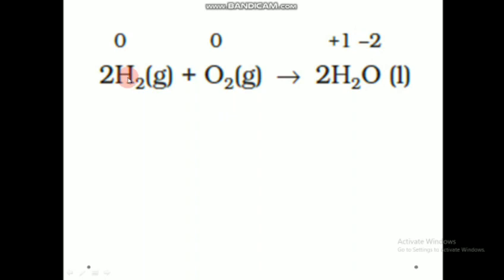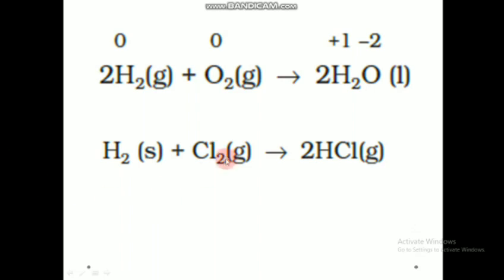So here hydrogen increases its oxidation state from 0 to plus 1. Increase in oxidation state, that means it is oxidation. So 0 to minus 2, decrease in oxidation state is occurring for oxygen. So decrease in oxidation state is reduction.